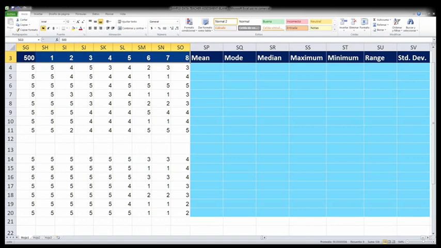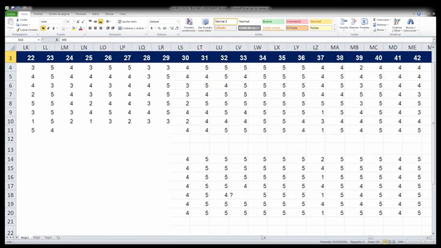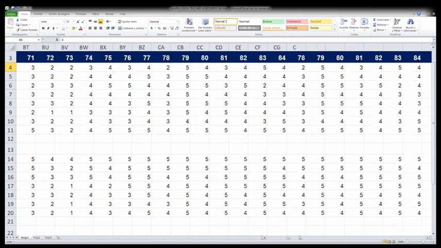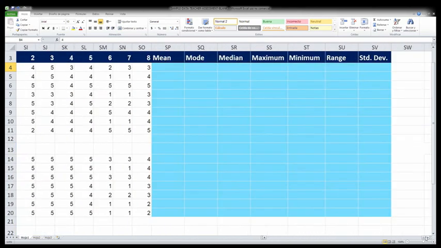So let's see. Let's look at number 1. Number 1 is content and materials. We have it here. So we're going to calculate the statistics for content and materials. Let's look at the cells with information. The first cell, if you see, is B4. And the last cell is SO4.